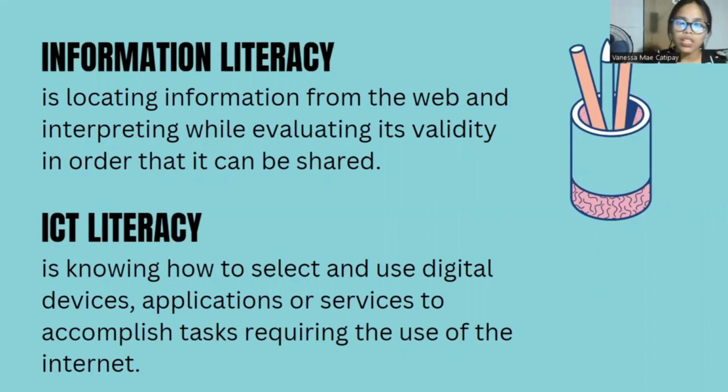It's knowing how to select and use digital devices, applications, or services to accomplish tasks requiring the use of the internet. ICT literacy involves using digital technology, communication tools, and access to manage and create information in order to function in a knowledge society.